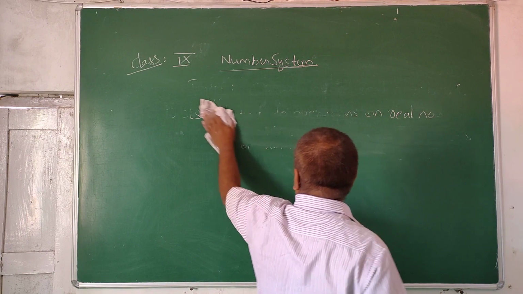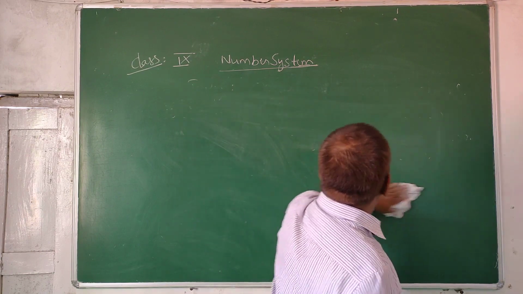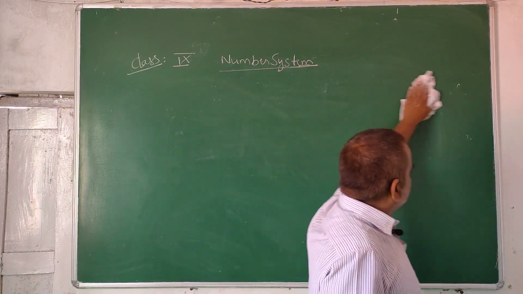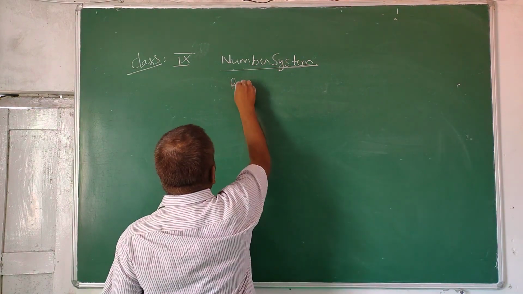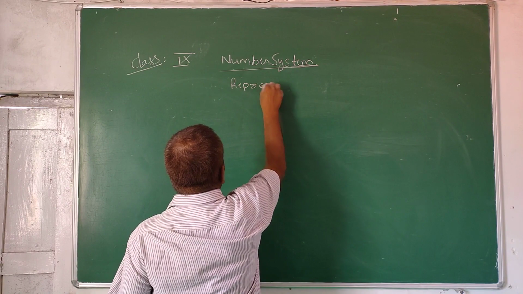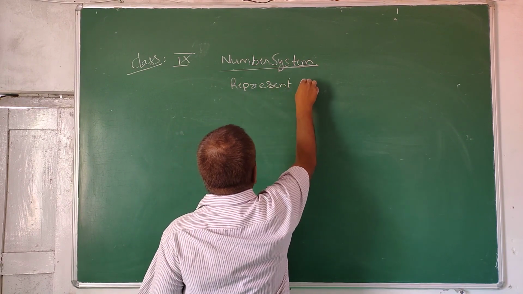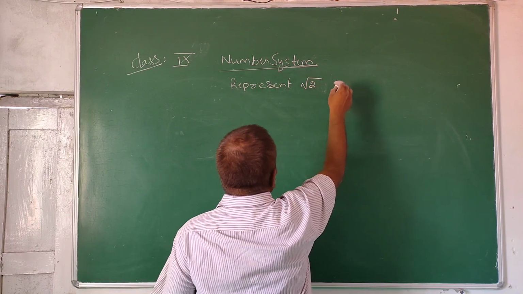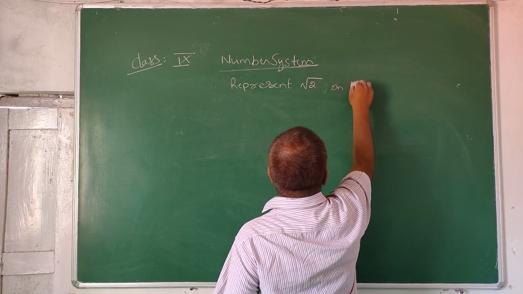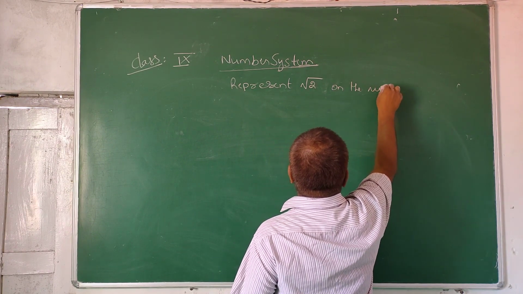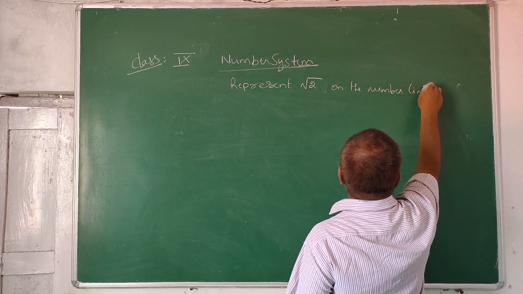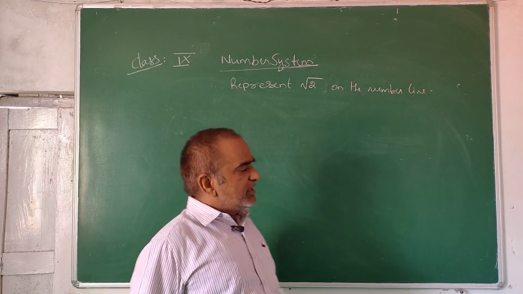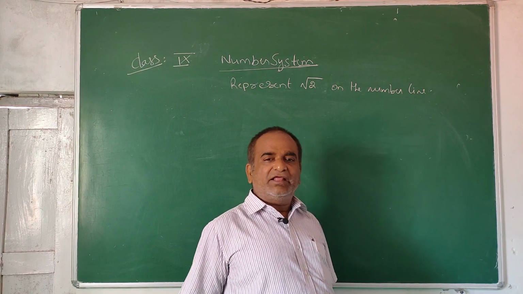For this I am taking an example and I am going to explain. Represent root 2 on the number line.